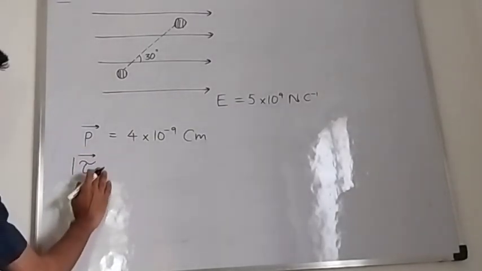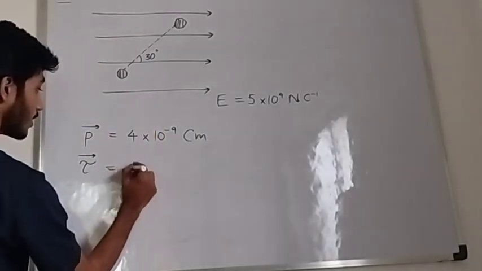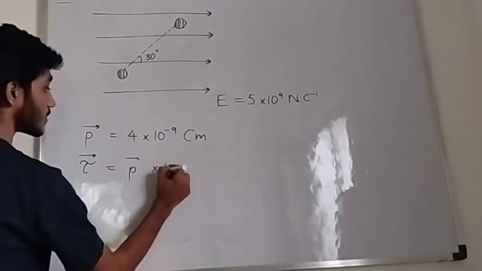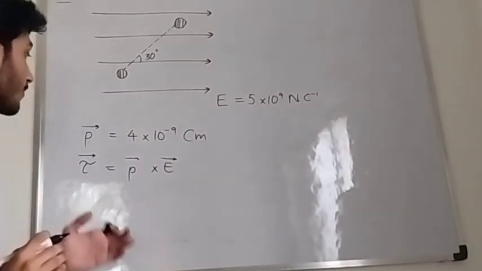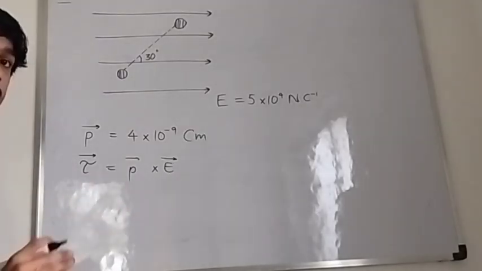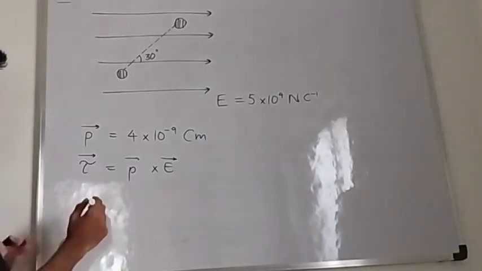For those who don't know, the formula for torque in these types of situations is P vector cross E vector. If you want a detailed derivation for this, ask in the comments and I will provide it in the next video. We just have to find the magnitude.